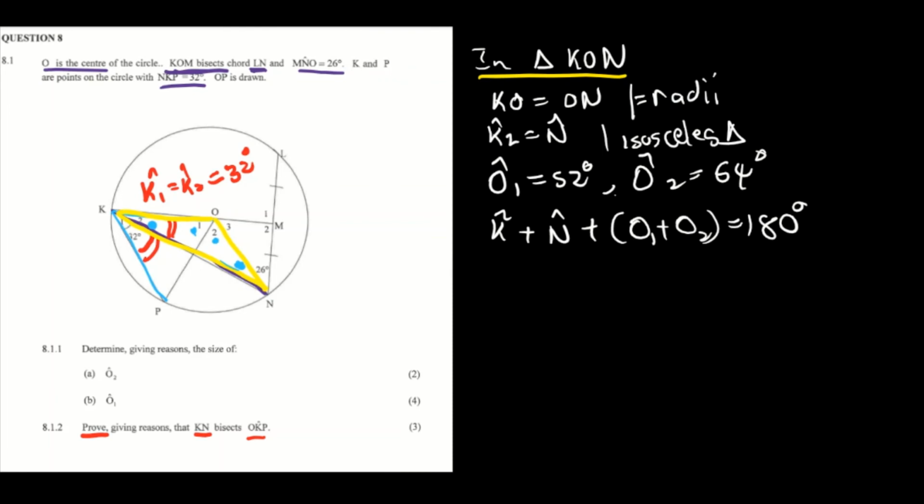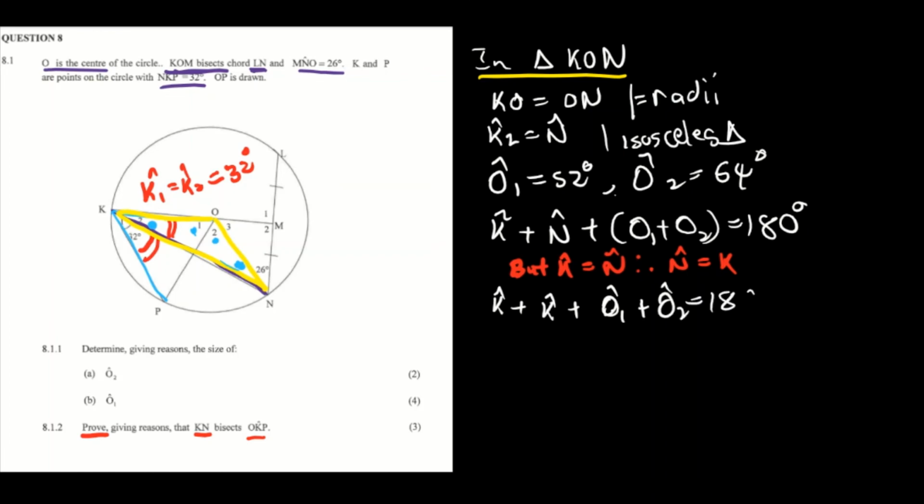But we know that angle K is equal to angle N. So therefore, angle N is equal to angle K. So instead of writing N, you're going to write K. So you're going to say angle K plus angle K plus O1 plus O2 is equal to 180 degrees.